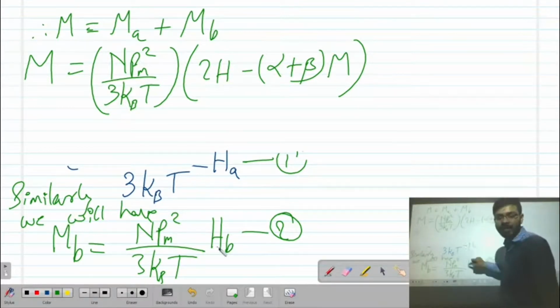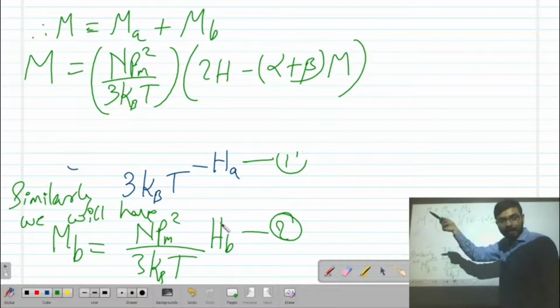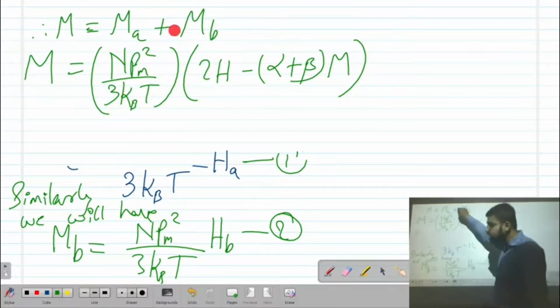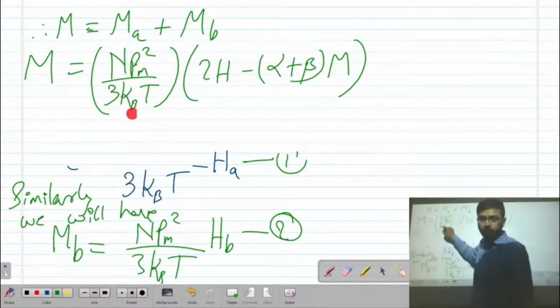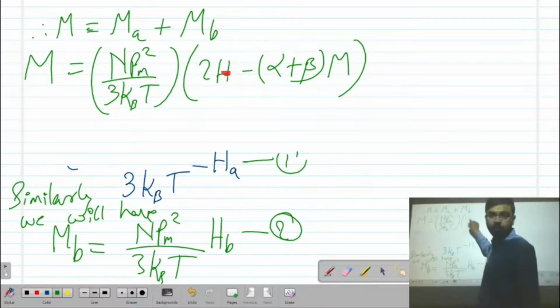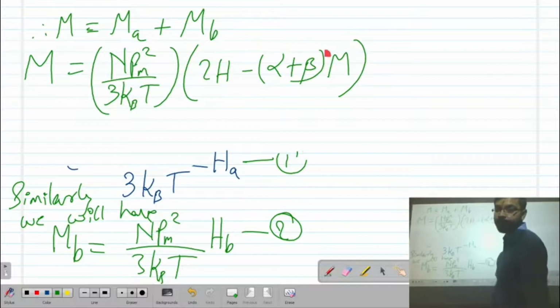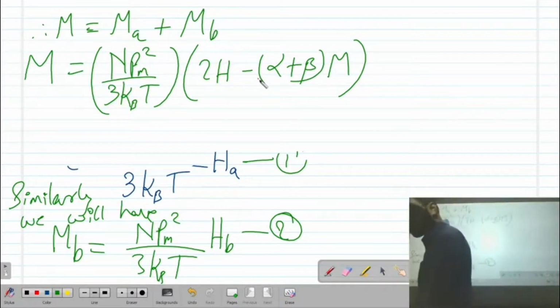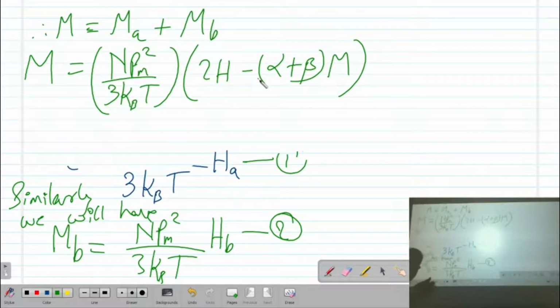Substituting the values of H A and H B from the previous equation and taking the common part, the H part gives 2H and alpha plus beta multiplies M. These are some internal steps which you can go through by yourself; I have obtained this directly by solving those steps.